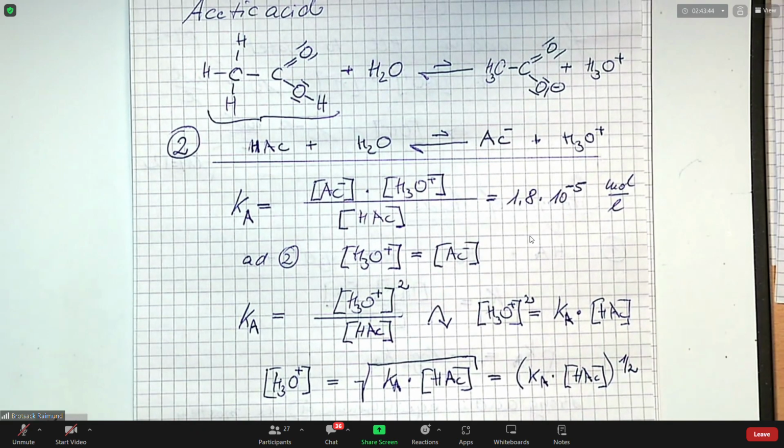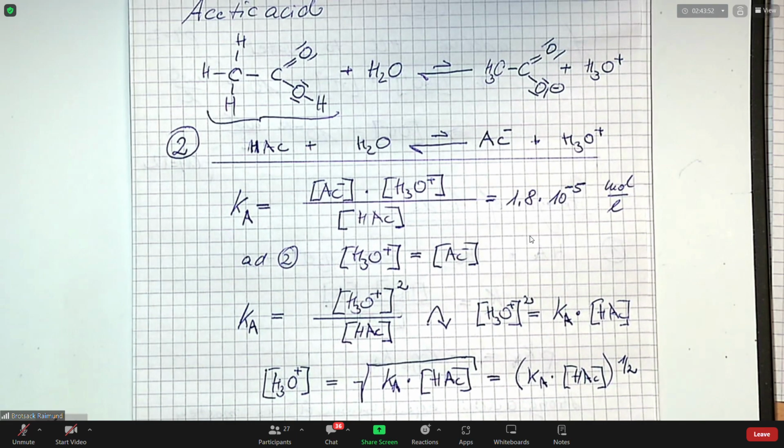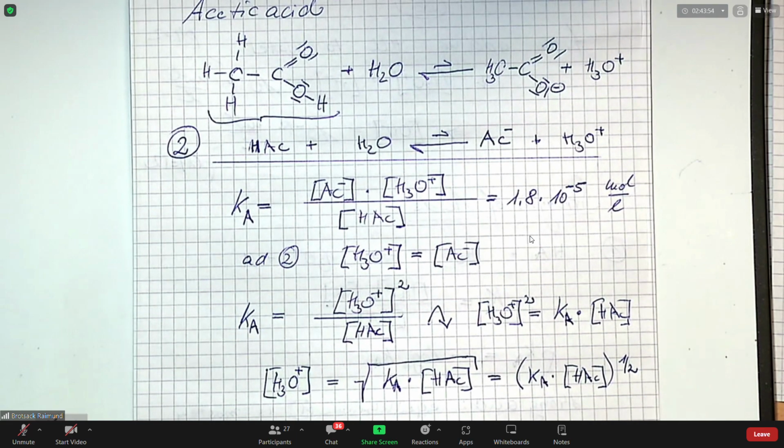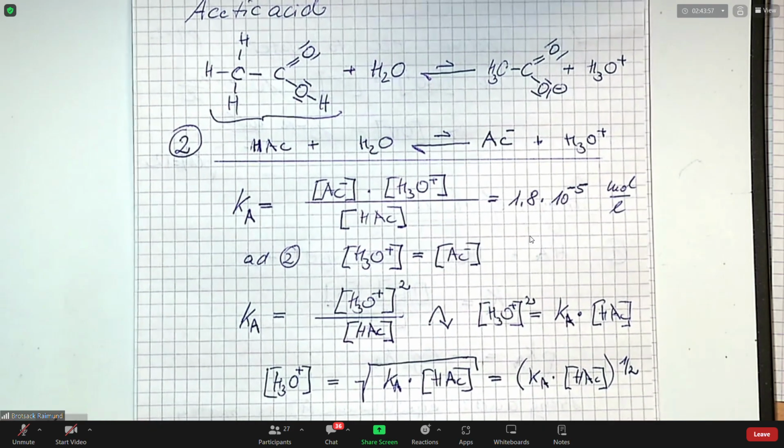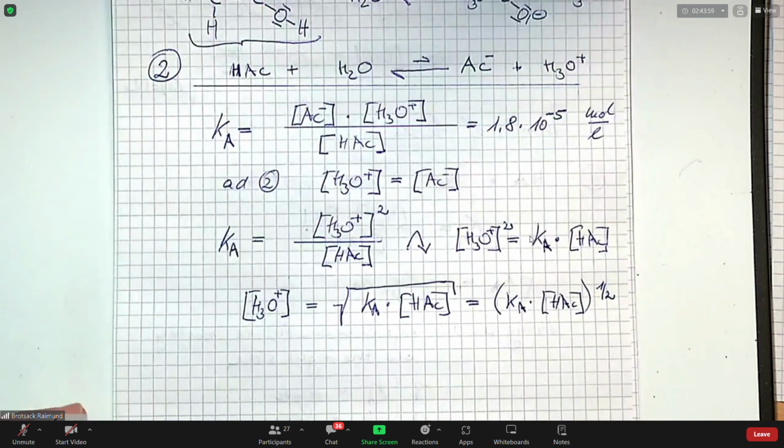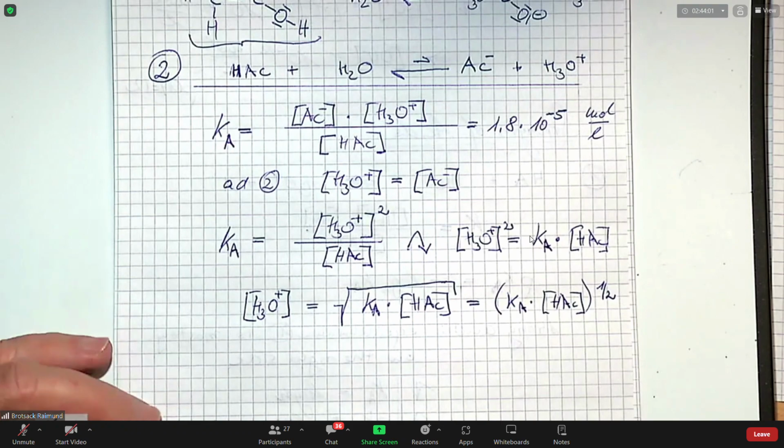That is the same as a square root, if you remember. Well, now we are in an aqueous solution.